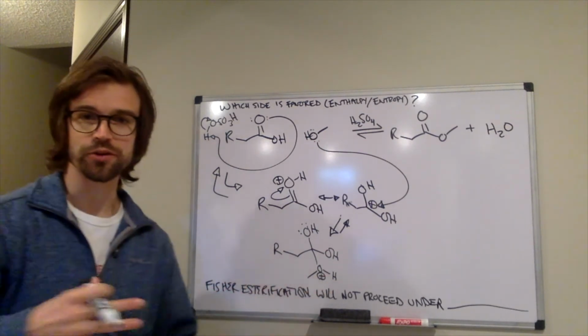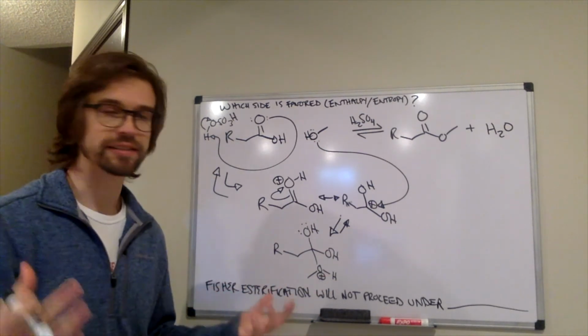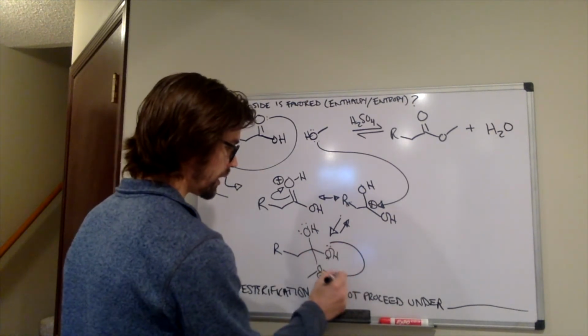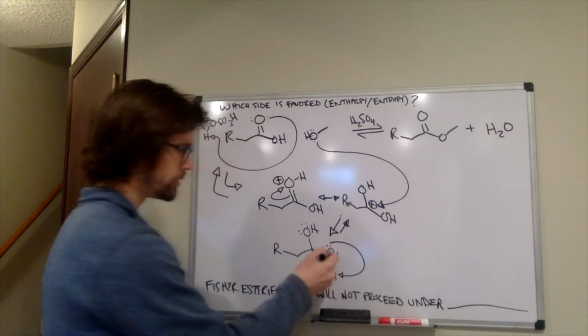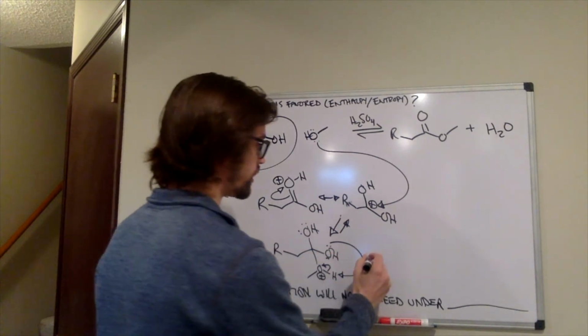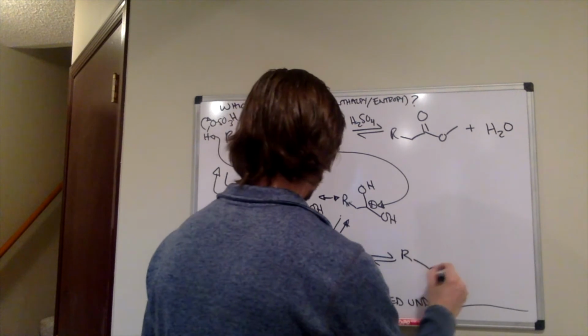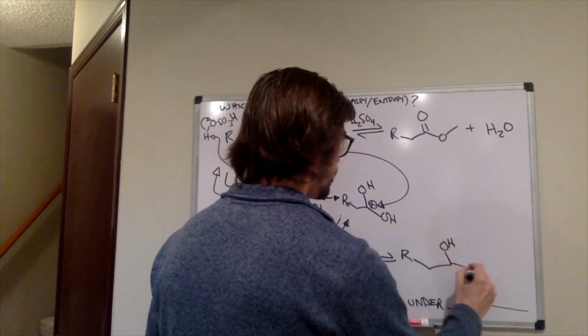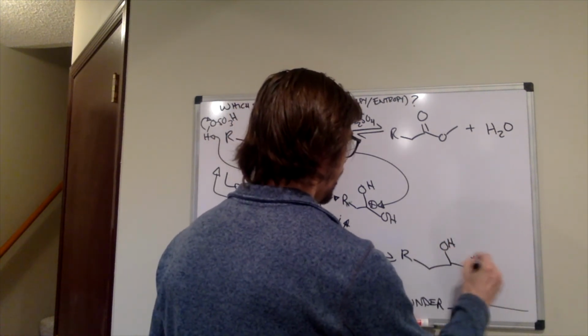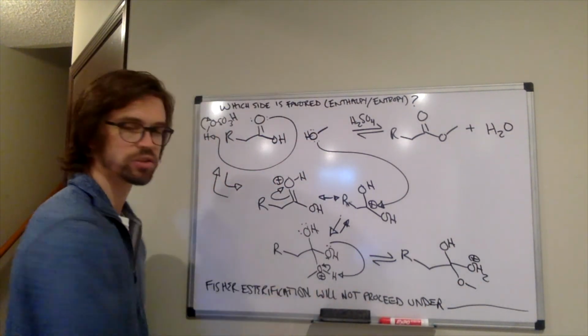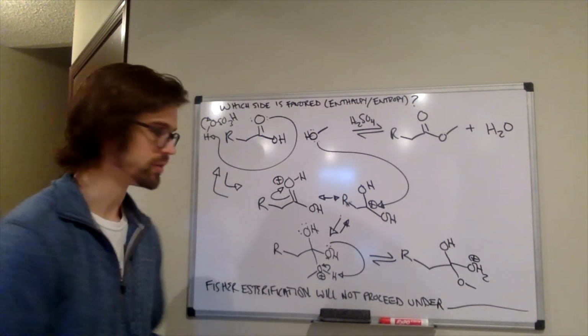But this proton is going to transfer between all the different species in solution. It can also transfer intramolecularly to that oxygen right there. Which side of this equilibrium is favored? Neither. We have essentially oxygen with 3 carbons around it and a positive charge.